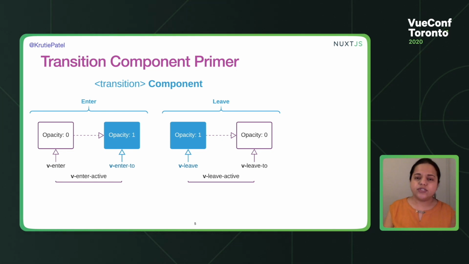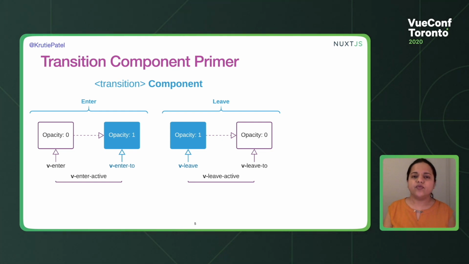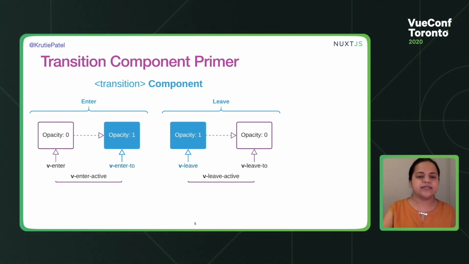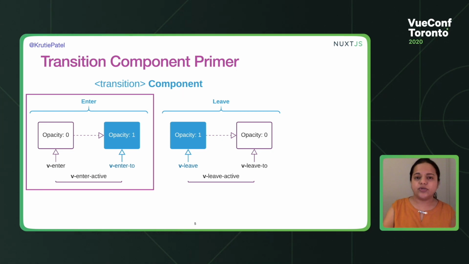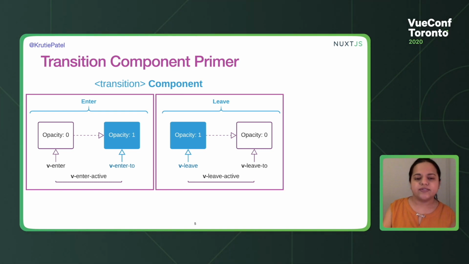And Vue's transition component allows us to capture these moments before, during, and after the element is inserted or removed. And we have three classes to capture the entering transition, and we have three classes to capture the leaving transitions. And all of these classes are namespaced.